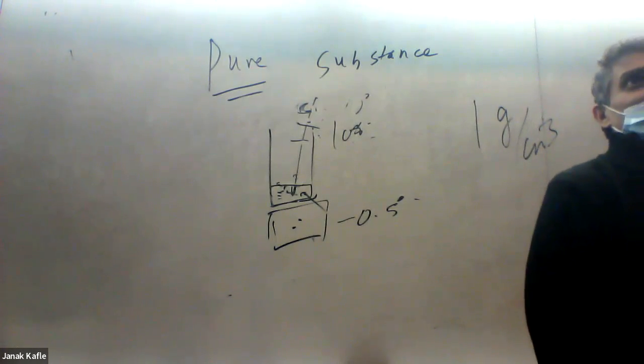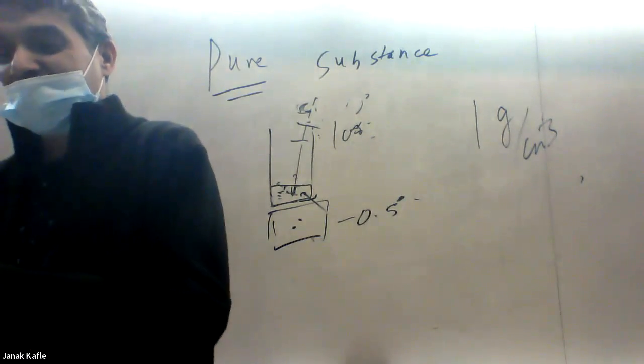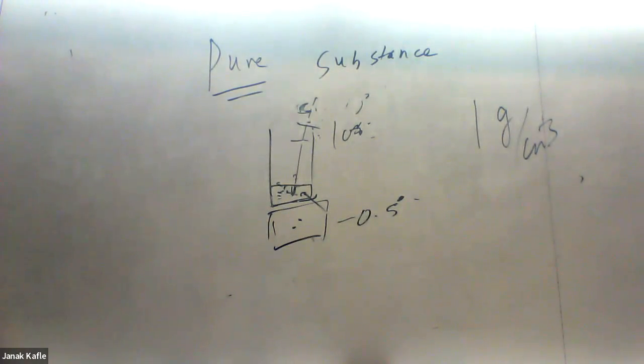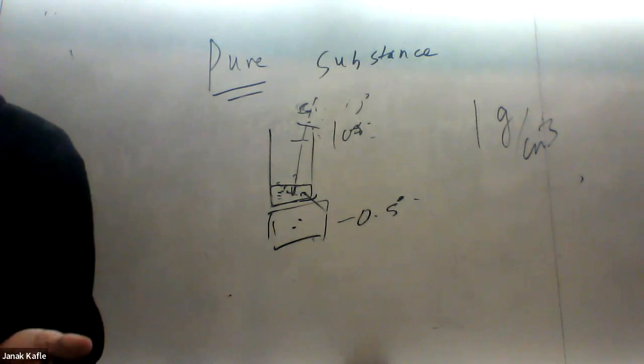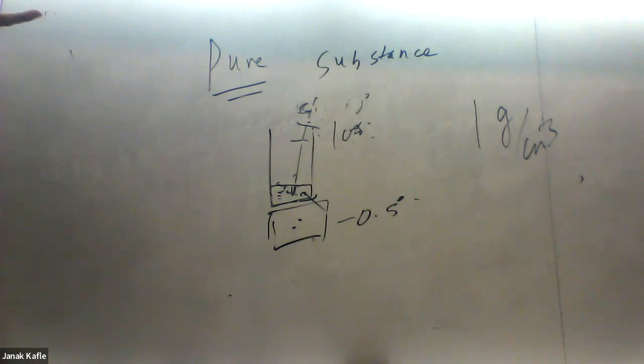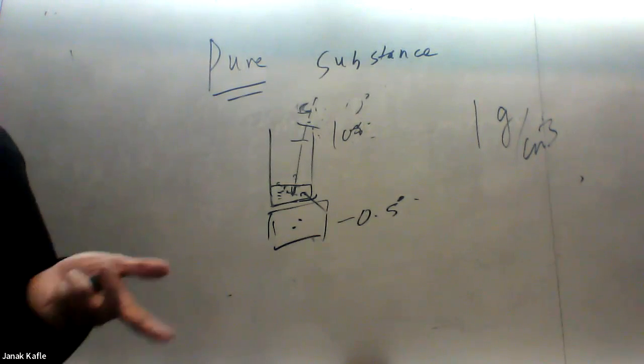Everybody got that? A pure substance has very well-defined physical and chemical properties. I'm not talking about chemical properties here. Pure water freezes at 0 degrees centigrade. Put your water in the freezer with a thermometer and the thermometer always shows 0 degrees centigrade. Then boil it, and you will always see 100 degrees centigrade. So they have very well-defined physical properties.